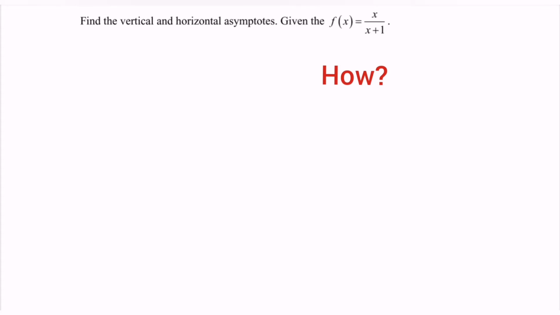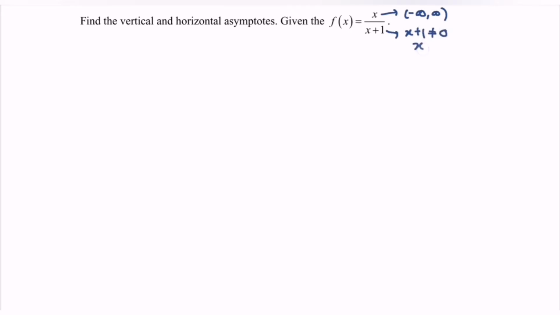By referring to the function, here we have a linear function and the domain for the linear would be negative infinity until infinity. Here we have a linear function, but it is located in the denominator, meaning that x plus 1 cannot be equal to 0.